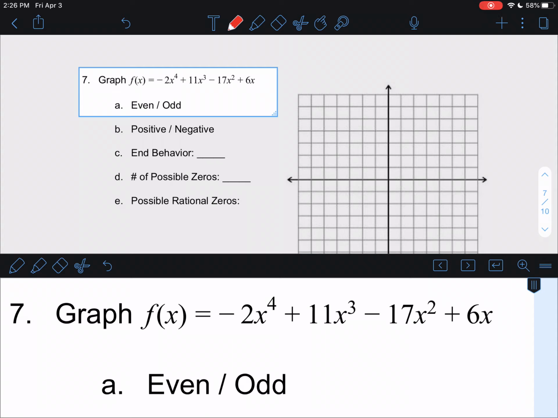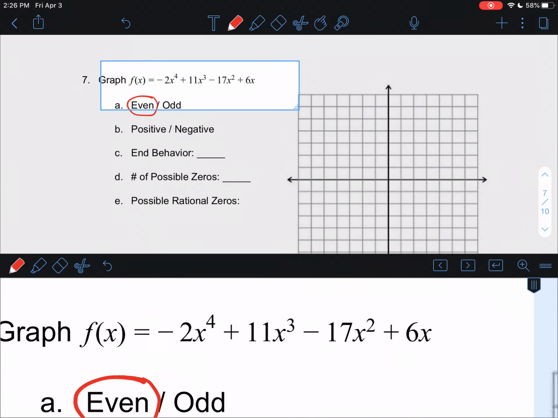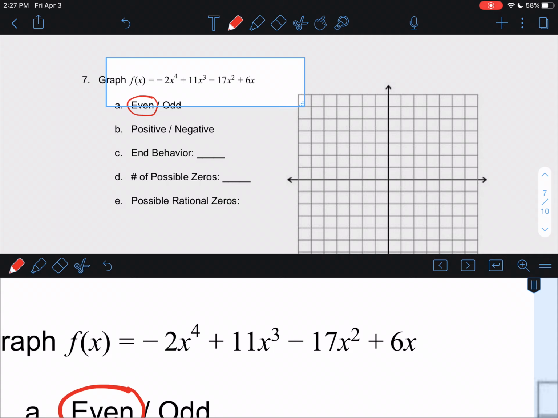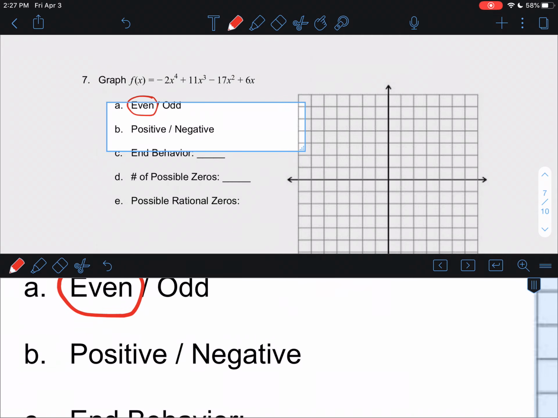So on this one, is it even or odd? Well, we have negative 2x to the fourth, and since 4 is an even number, it's an even polynomial. And since it is negative 2x to the fourth, it is a negative polynomial.